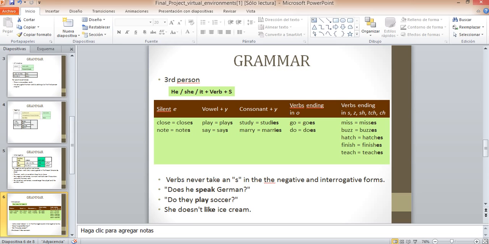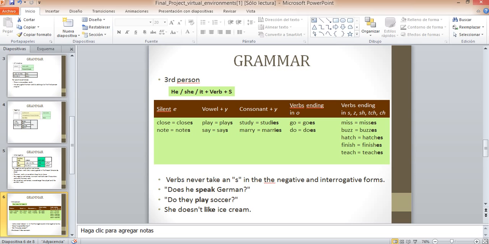Here are the rules well explained as I have mentioned before. For example, verbs never take an s in the negative or interrogative forms. Does he speak German? is an example.